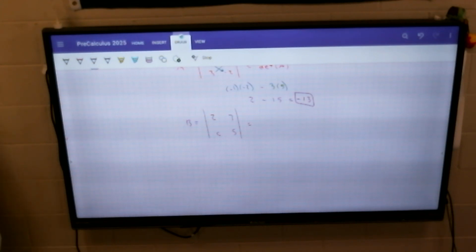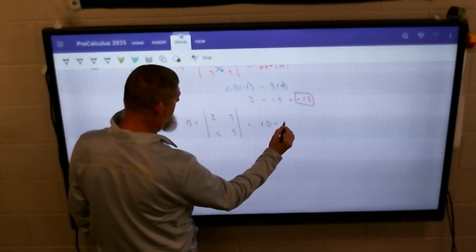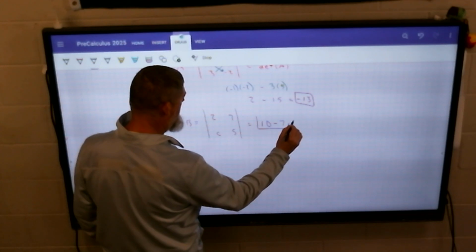Because we have a variable now, it's not going to be a single number, there's going to be a variable in my answer. And what is my answer? 10 minus 7c. 10 minus 7c is my determinant.